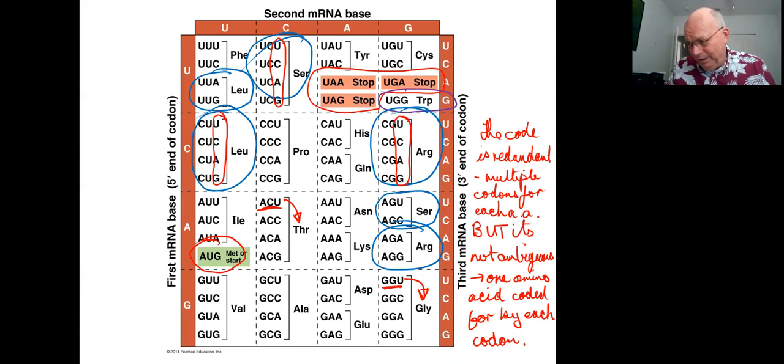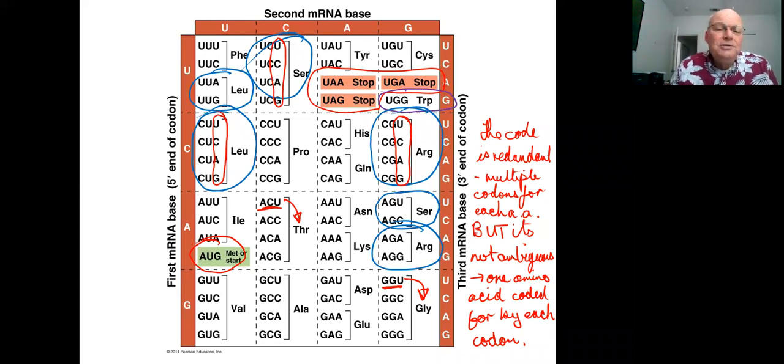And that is very particularly true for the stop codons and for the start codon. Start codon means start. It doesn't mean anything else. Well, it does code for the amino acid methionine, but even there, it's still only coding for methionine.